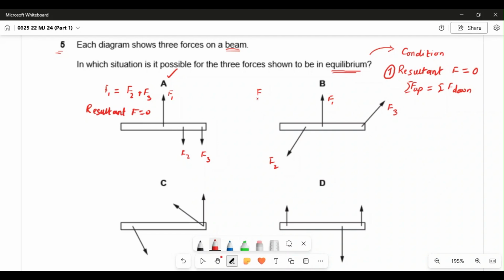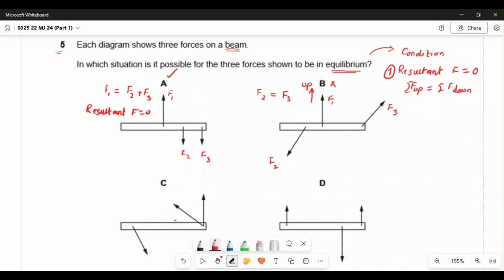So if, for example, we say that the angles of F3 and F2 are equal, still these two forces can balance each other. So I can say F2 balances F3, so F1 will move it upward. So this condition says that this bar has a force upward, so it is not in equilibrium.